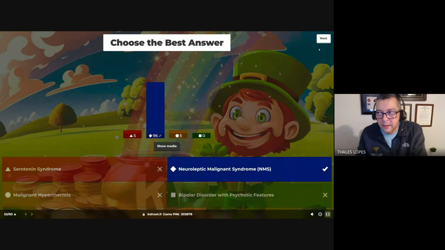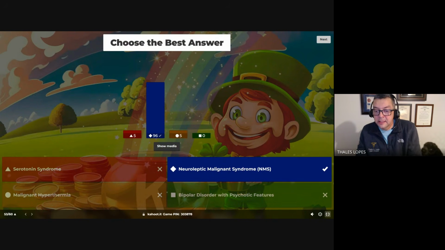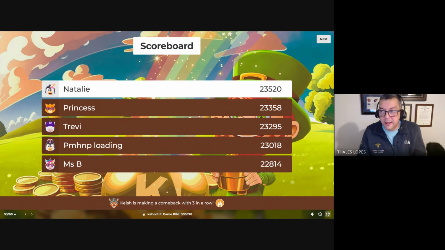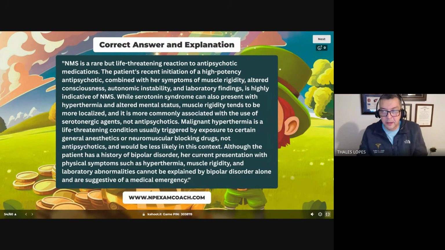Quote unquote here, not being super precise. But for the board, you look at what the patient is taking. Serotonin, then it would be serotonin syndrome. Antipsychotic, then we would be looking at NMS, neuroleptic malignant syndrome, to help you discern that. And don't forget the medications for one or the other: bromocriptine, dantrolene for NMS, cyproheptadine for serotonin syndrome. The board loves to mix and match just to catch those who kind of know the content, but really don't know the content in depth.